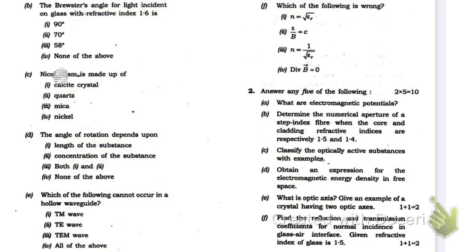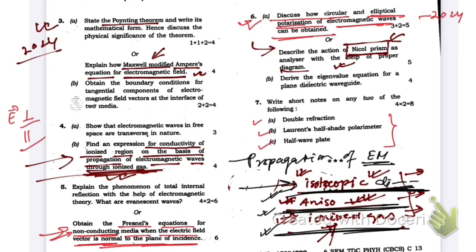These questions were asked in 2024 also, I think. Let me check. Here we have: derive the eigenvalue equation for a plane wave dielectric waveguide. This is a different question, not that one.